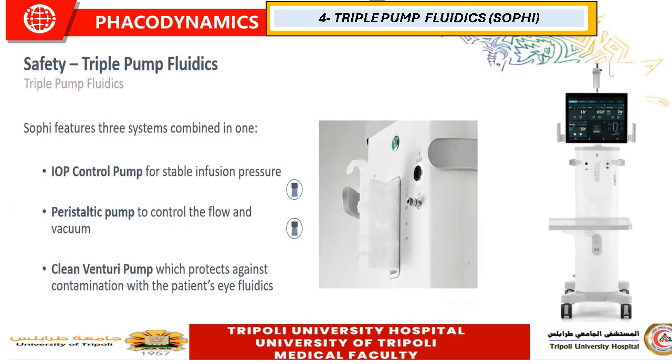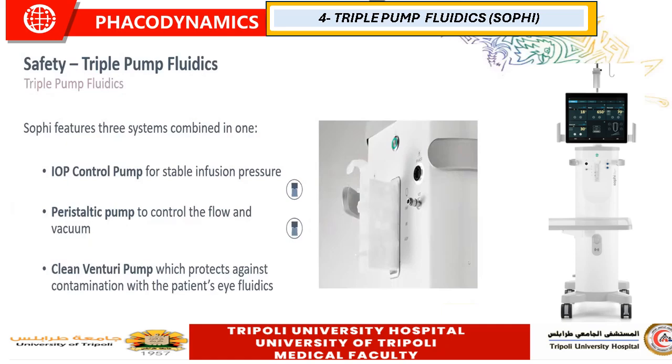One peristaltic pump maintains and controls the target intraocular pressure, another peristaltic pump is for the traditional phacoemulsification procedure, and a third Venturi pump clears the emulsate safely, so that it will not be contaminated by air, which carries the risk of infection inside the eye.